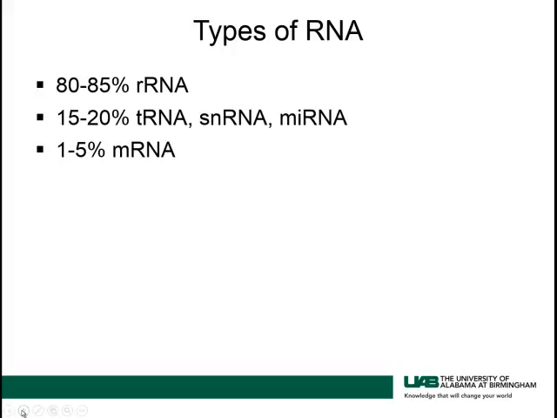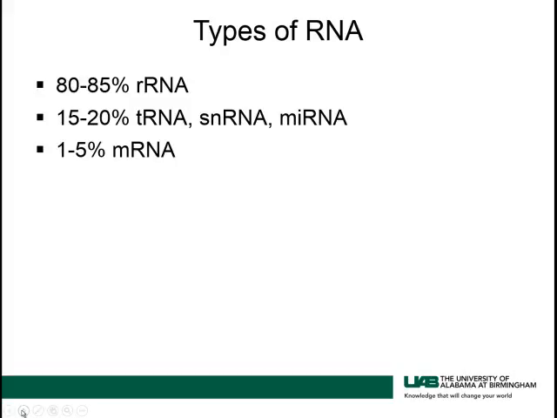Types of RNA. There are three categories. The first one, the most abundant, is of course ribosomal RNA. Ribosomal RNA constitutes 80 to 85% of the total RNA. This is followed by transfer RNA, small nuclear RNA, microRNA, and other types of very small RNAs, and these constitute 15 to 20%.